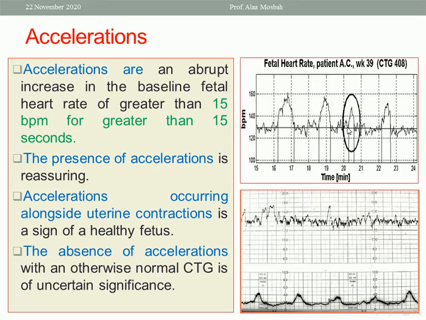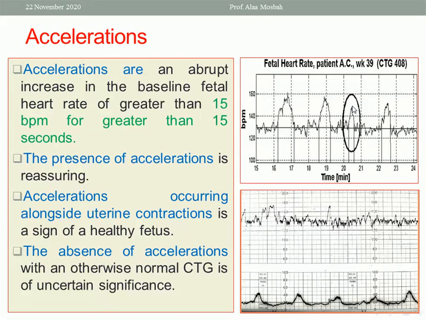And greater than 15 beats per minute: the baseline here is 130, and this acceleration extends to about 150. So from 130 to 150, increased about 20.